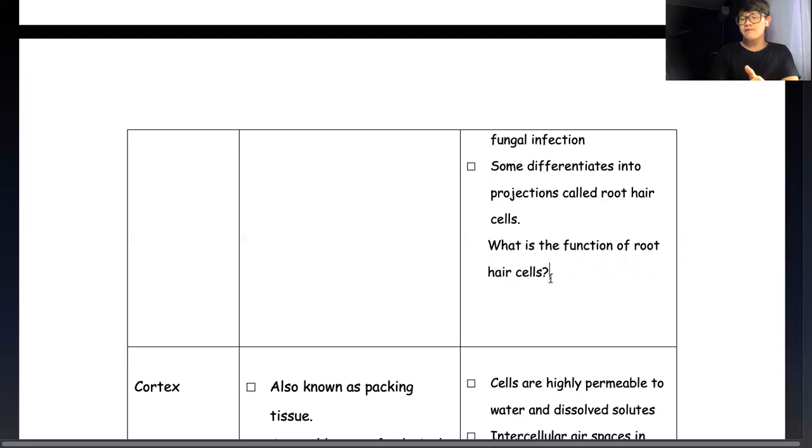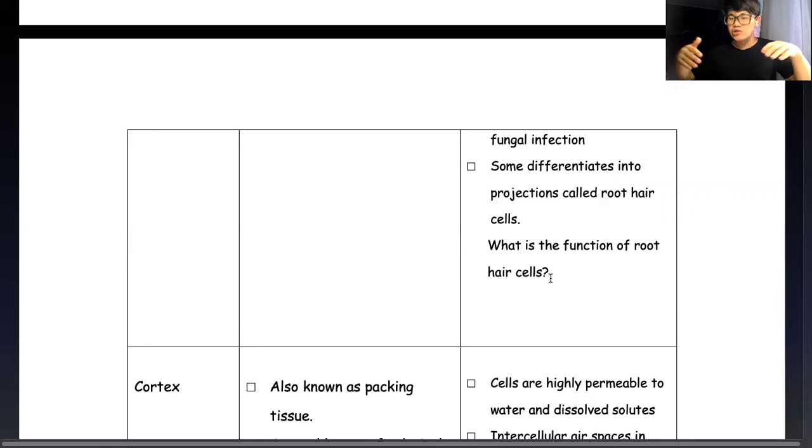So the root hair cells have long elongated hair-like extensions. For what? To increase the surface area to volume ratio. Why do you want to increase the surface area to volume ratio?